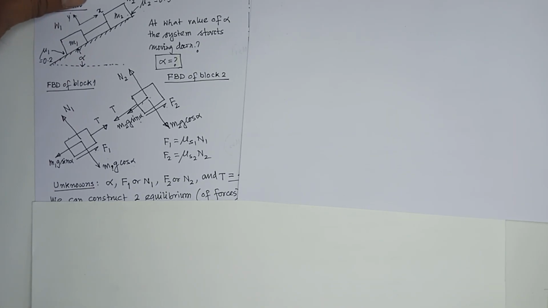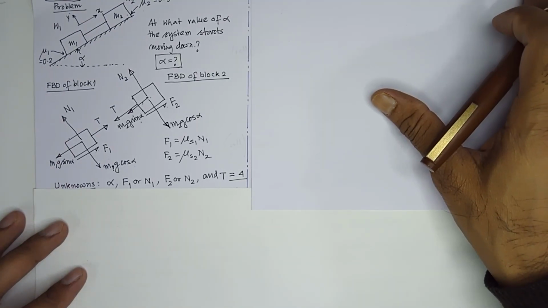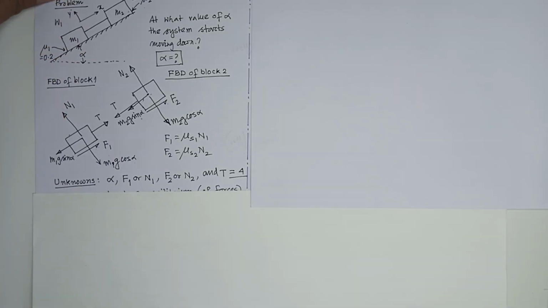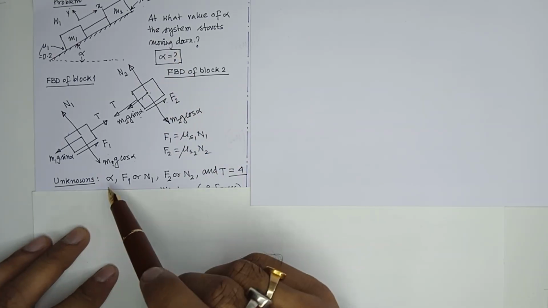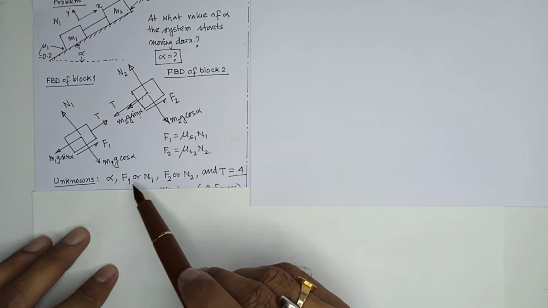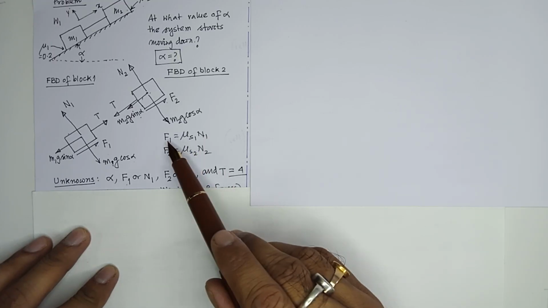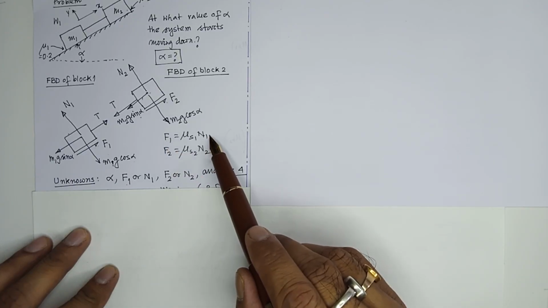Okay, next we will identify the unknowns for this problem. So how many unknowns are there? Let us try to understand. For this case, alpha is unknown, we know, f1 or n1, because if I know n1 then I can determine f1, or if I can determine f1 then I can determine n1.